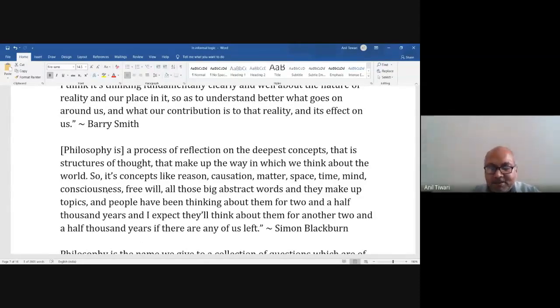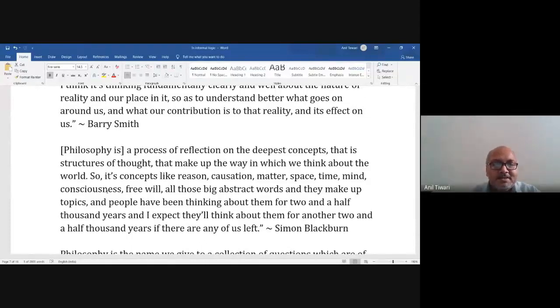So look at Simon Blackburn. He is recognized as a fantastic philosopher, but fantastic philosophers always talk in such a way that the main idea becomes elusive, right? So let us see what he is suggesting here. Philosophy is a process of reflection on the deepest concepts, that is, structures of thought that make up the way in which we think about the world.